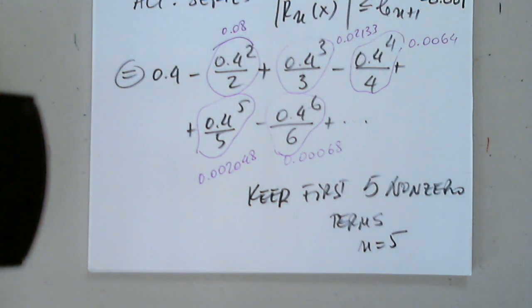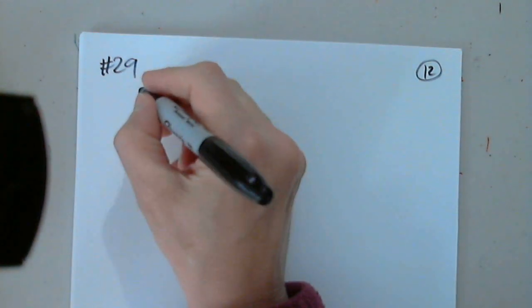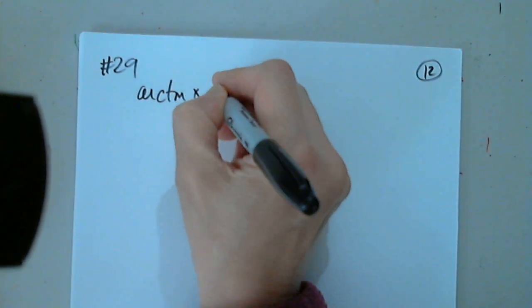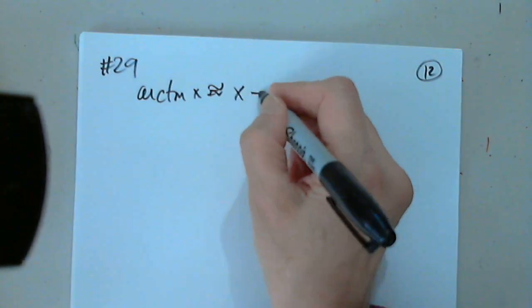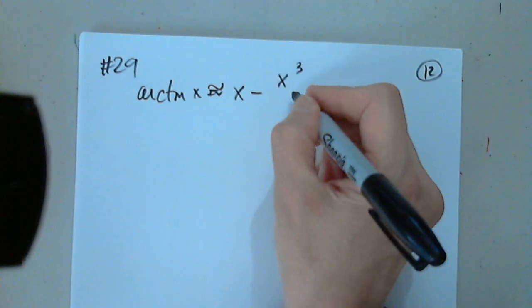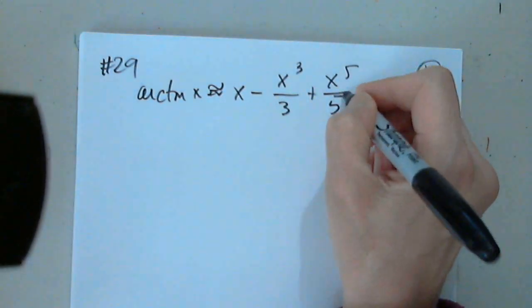Okay, and here the last problem, 29, page 12. In 29, they're giving us arc tangent x as being approximately, of course, x minus x to the third over 3 plus x to the fifth over 5.